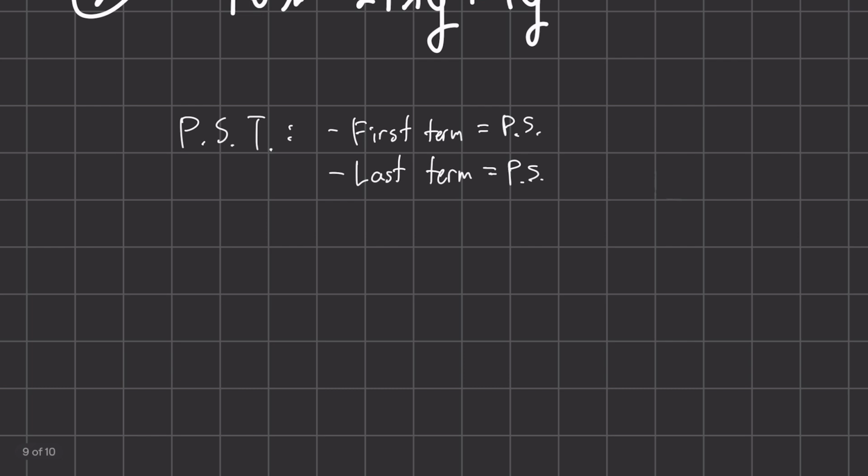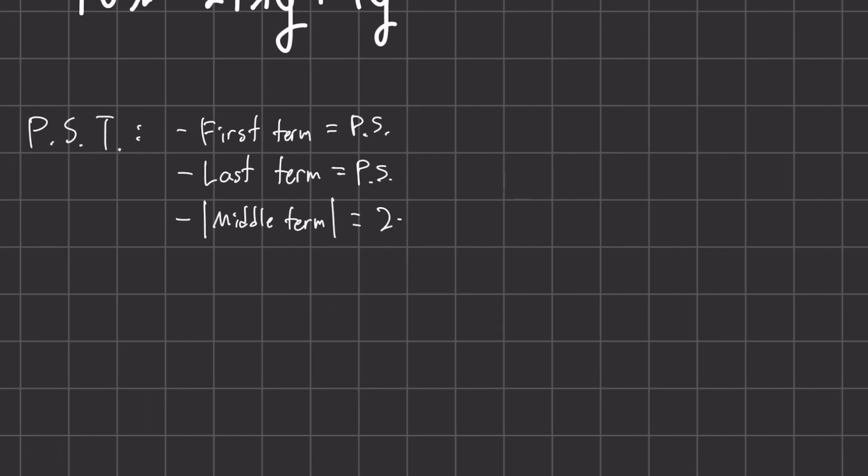And there's one more thing: the absolute value of the middle term, which just means if it's a negative, just ignore the negative, has to be equal to 2 times the square root of the first term times the square root of the last term.